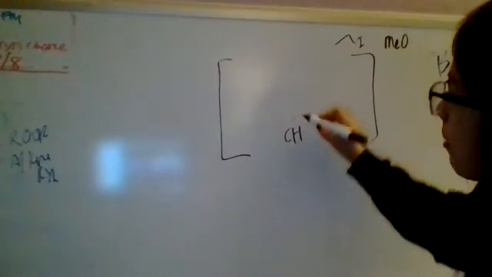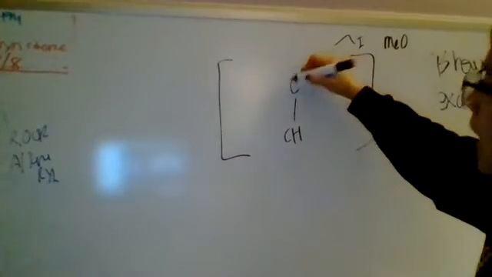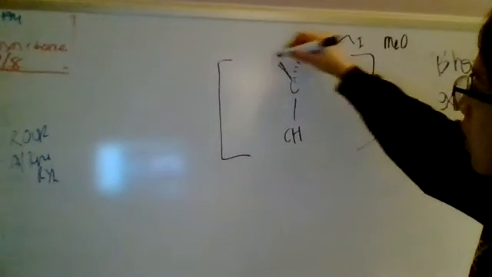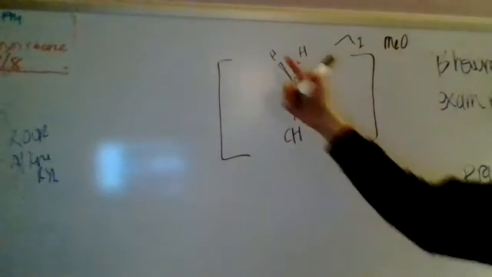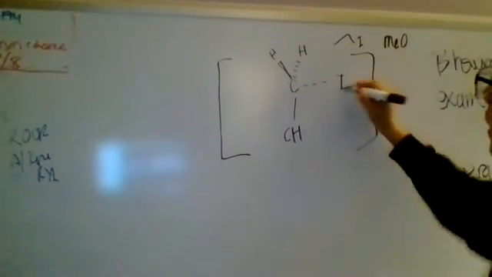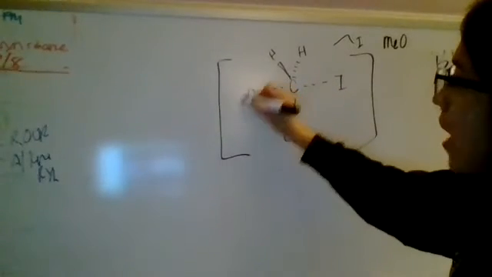This one was actually from the book, and that's how I remember it. The book had the H's on wedges, because you have a forward and backward attack, and they happen on the same plane. So you have your leaving group, and then you have your arriving group.